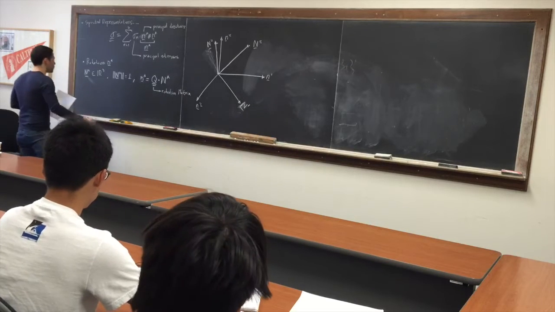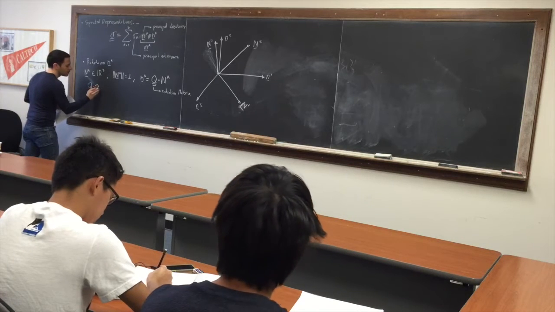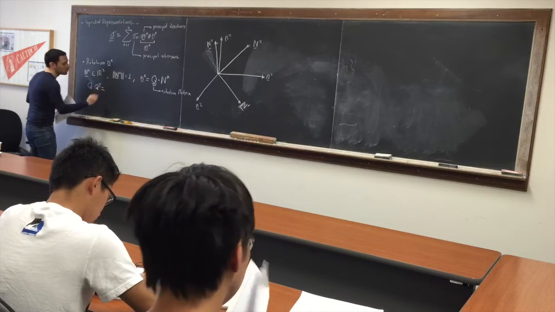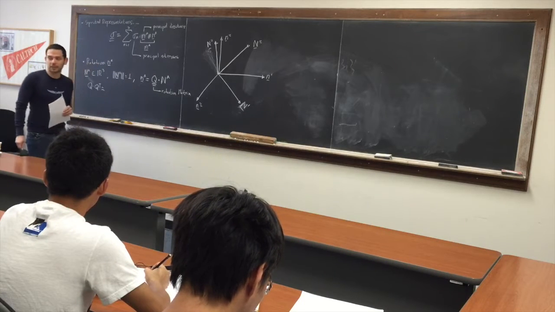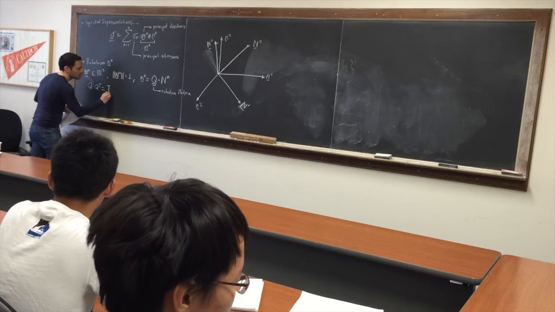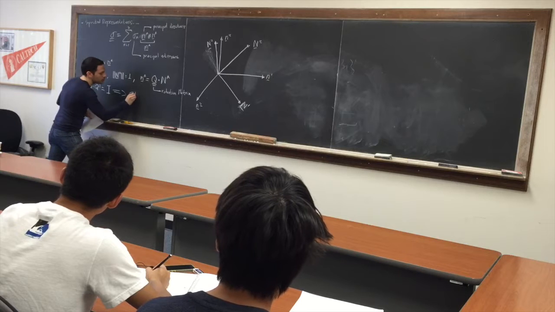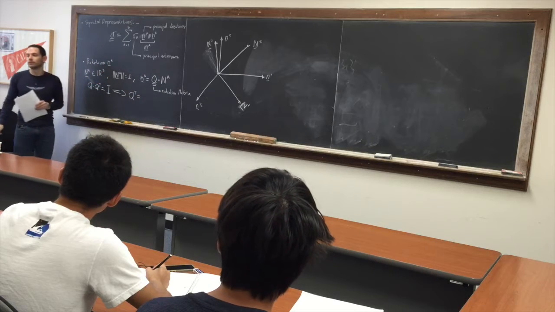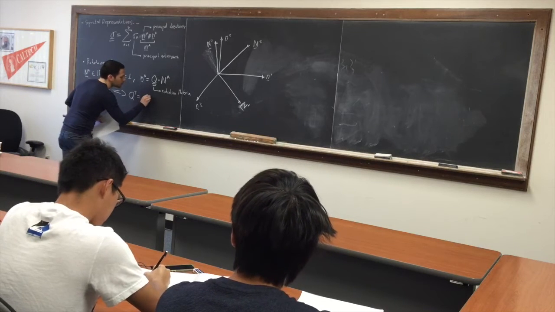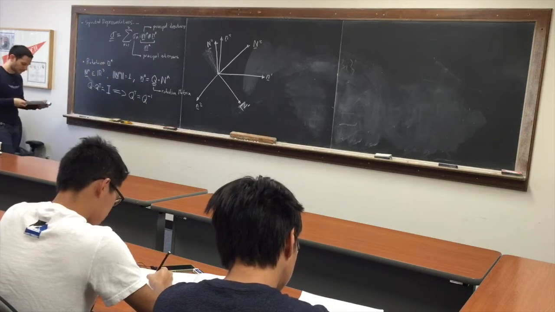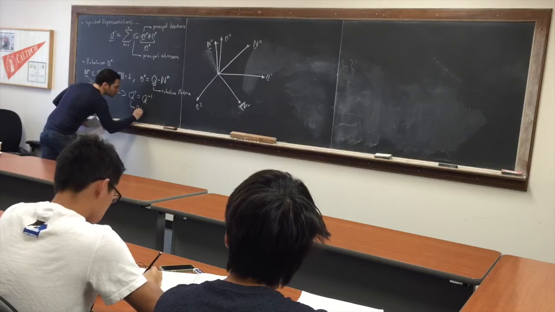And you may already know that Q times Q transpose is equal to the identity, right? Which implies that Q transpose is equal to Q inverse. So these are orthogonal matrices.